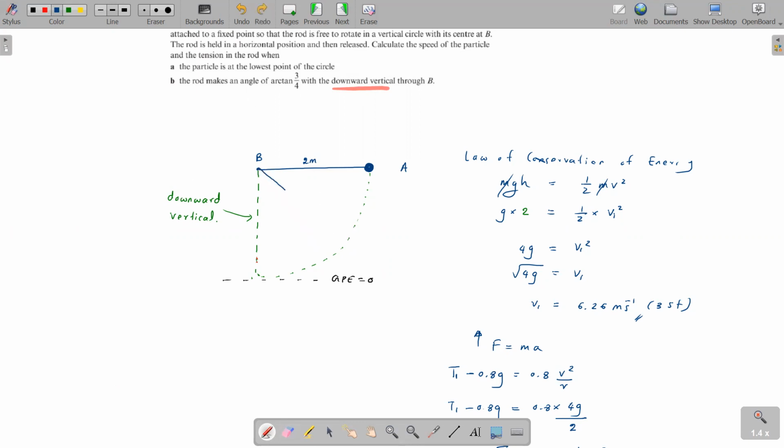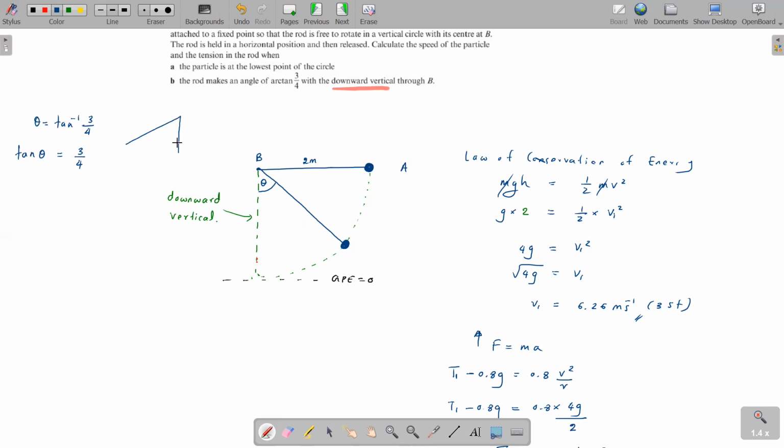So let's say this is the particle now, and this is the angle theta. Angle theta is equal to tan inverse 3 over 4. In other words, the angle with the downward vertical is theta, which means tan theta is 3 over 4. Can you see, guys? Tan theta is 3 over 4.